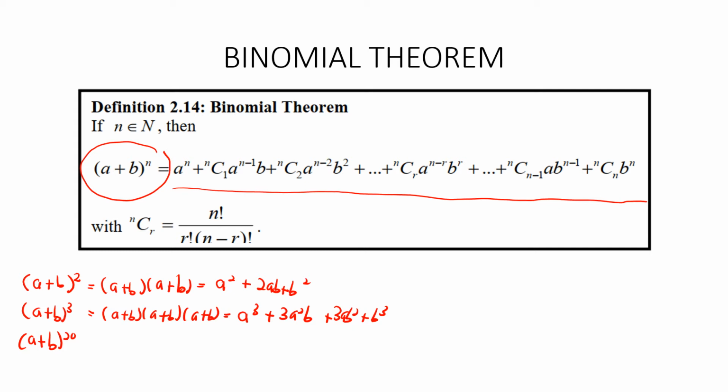So to avoid this problem, we use the binomial theorem to find (a plus b) power of n, where n is any positive integer. So I will show you one example of how to use this binomial theorem.